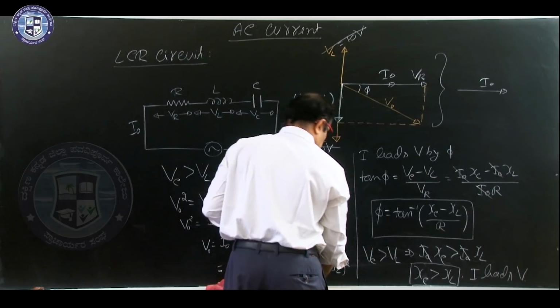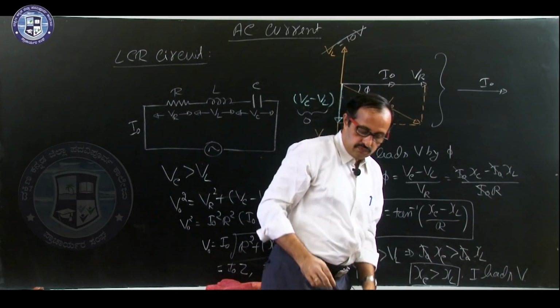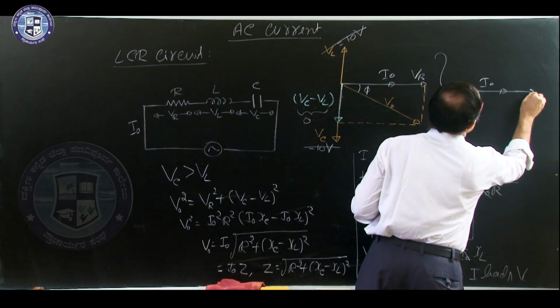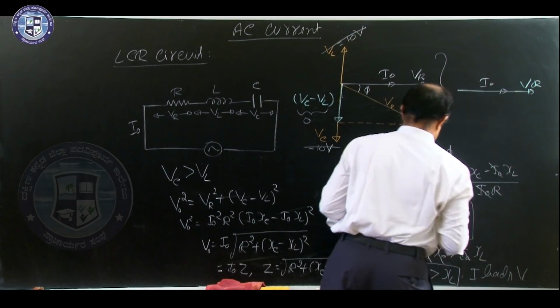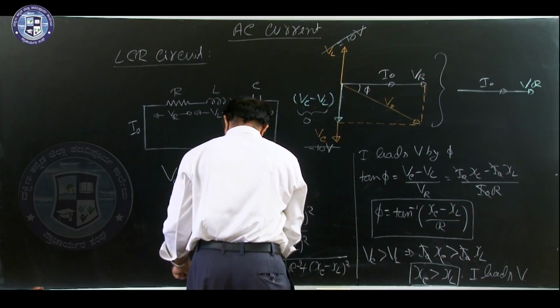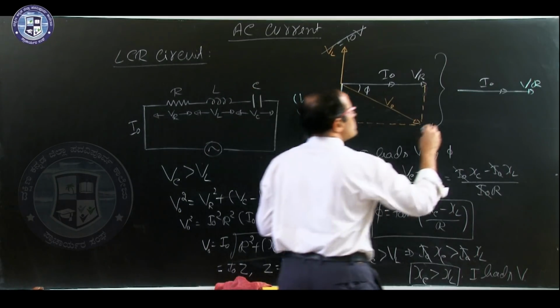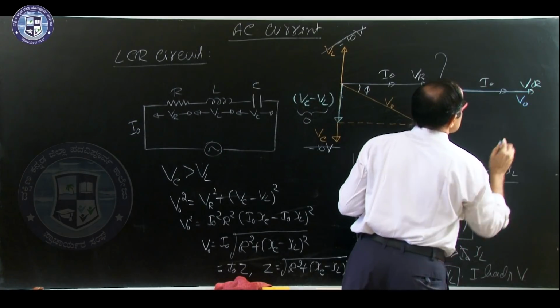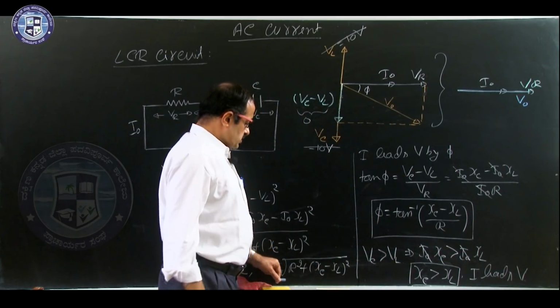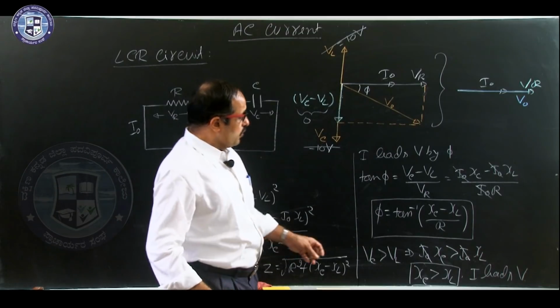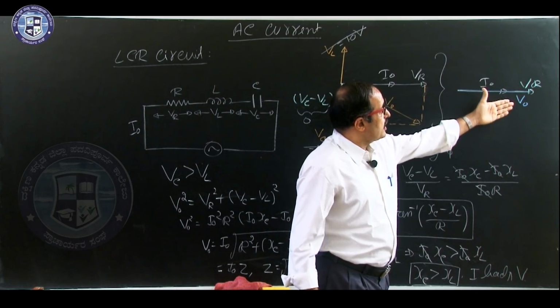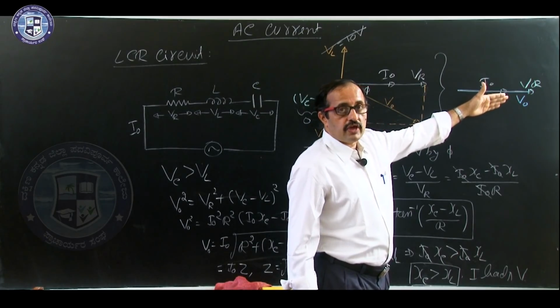In the same direction, we get VR, and in the same direction, you got V naught. So, all three of them are together, and look here, current and voltage are together, they have got the same phase angle.